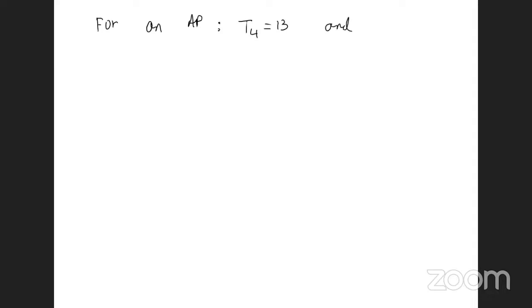The fourth term is 13. And the 10th term is 31. Right? I want you to find the first term, the common difference, and the 20th term. This one's a lot more work because you have to solve simultaneously.